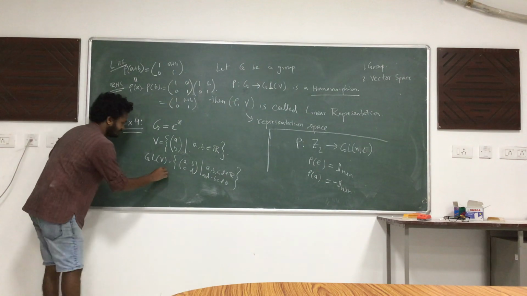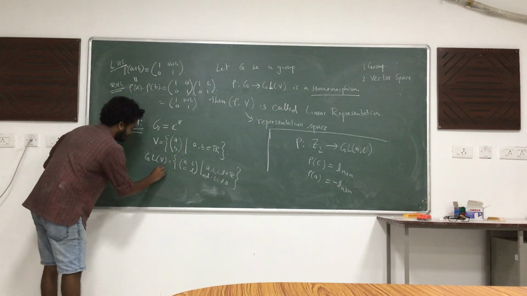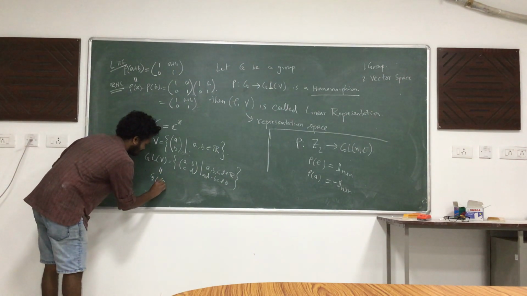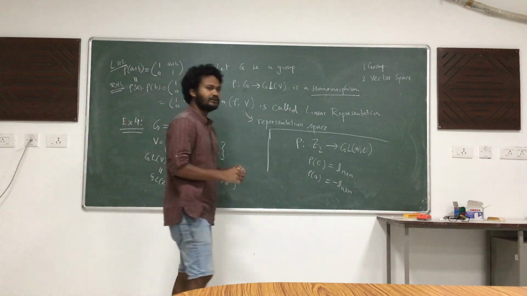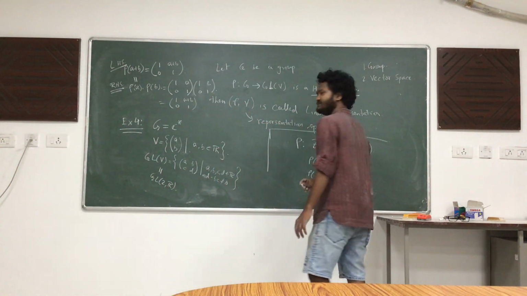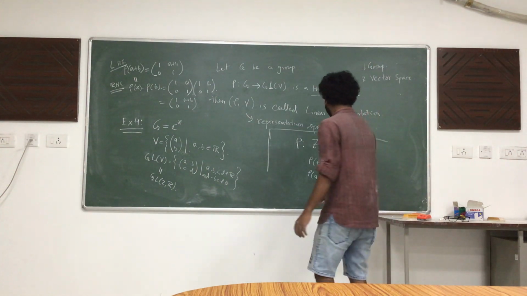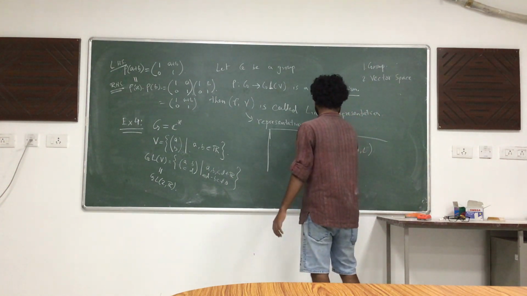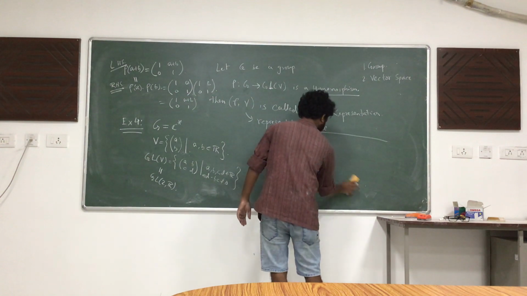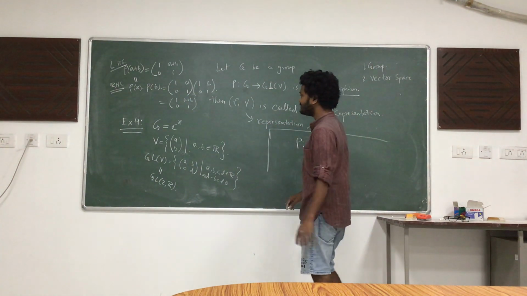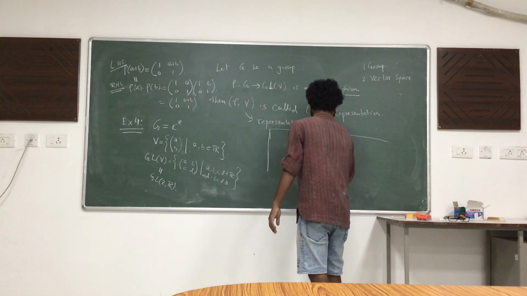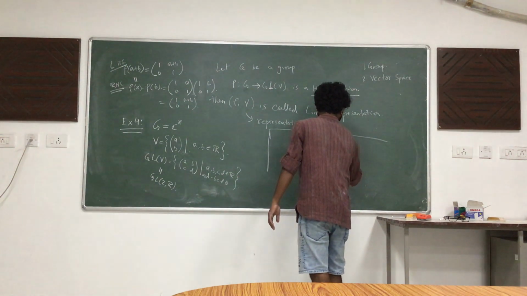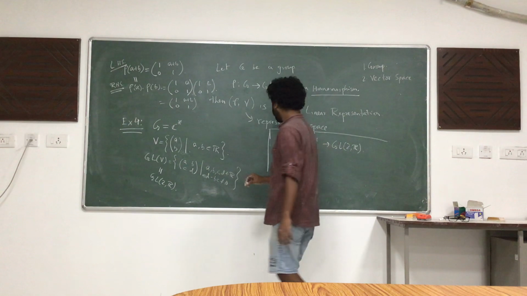Another name for it is basically GL2, all the 2 cross 2 real matrices. Okay. And now let us give a representation from this C star to GL2(R).